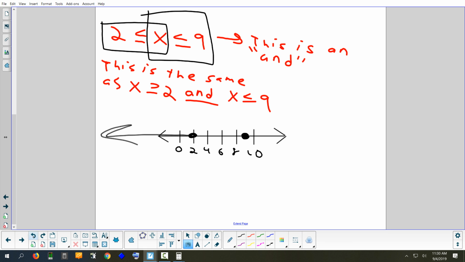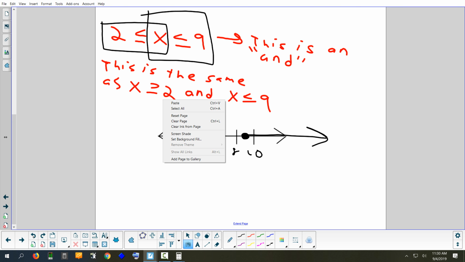Now think about the top part. All right. Let's pick a number here, like 20, way down there. Is 20 greater than or equal to 2? Yeah. Is 20 less than or equal to 9? No, 20 is not smaller than 9.